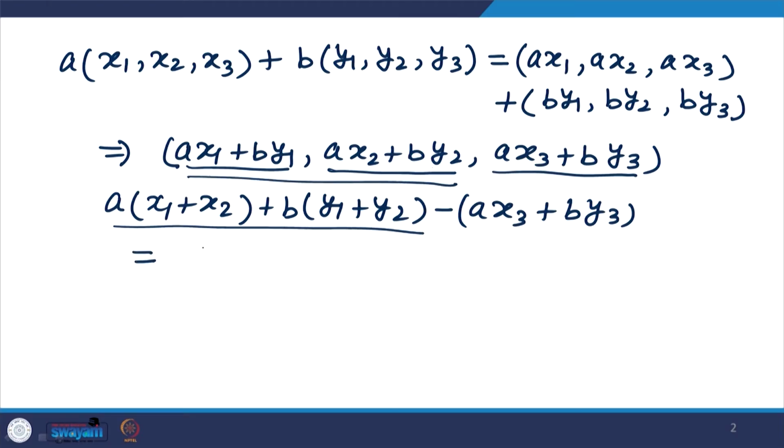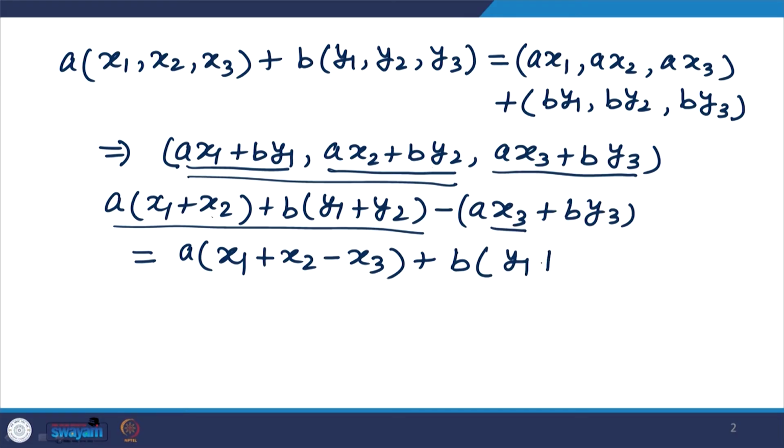This equals a times (x1 plus x2 minus x3) plus b times (y1 plus y2 minus y3).